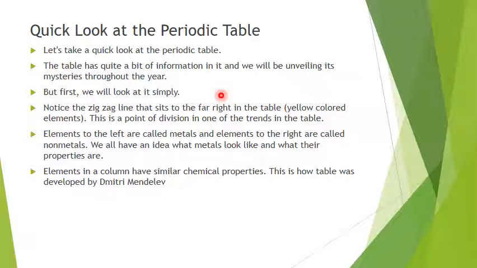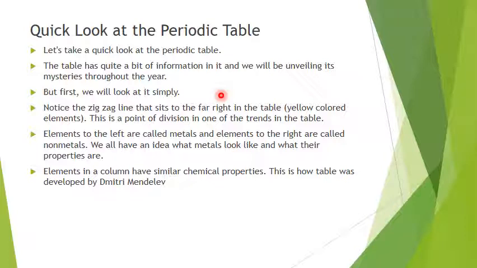An element is a substance that cannot be broken down into any other element, and that has its own unique properties. So if you take your physical separation techniques and break down a substance to where you can't break it down anymore physically, you will have an element. And the element will have its own chemical properties.